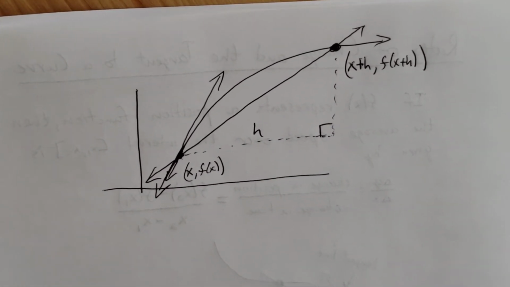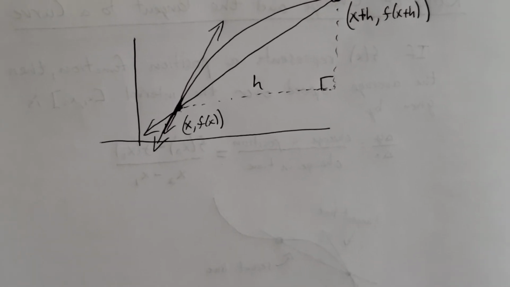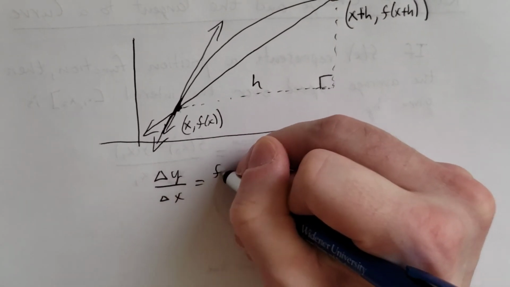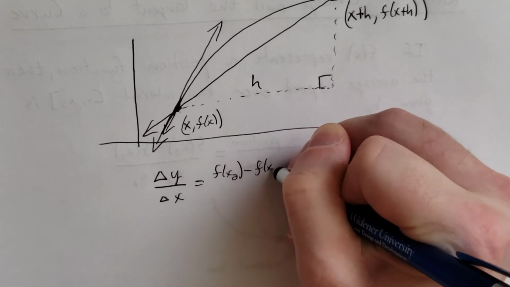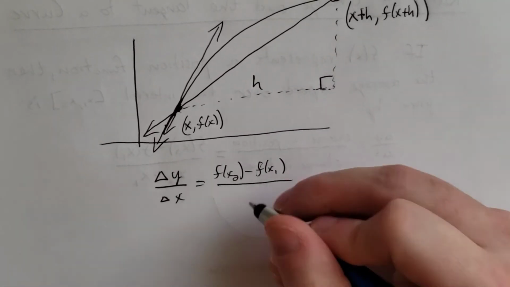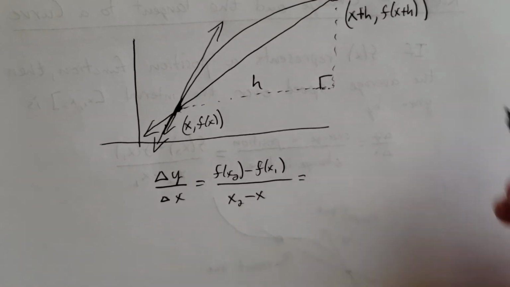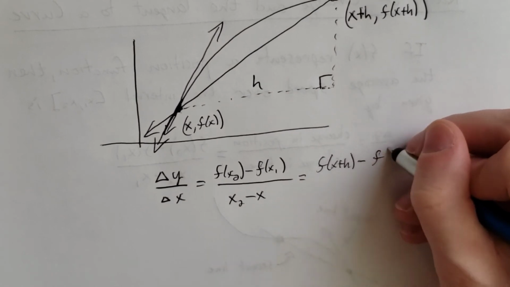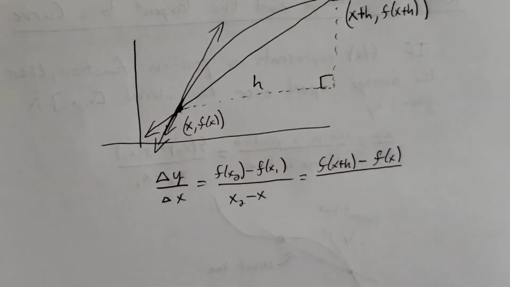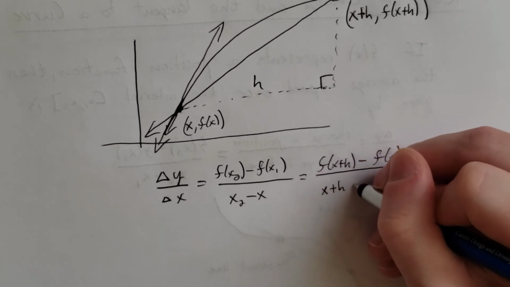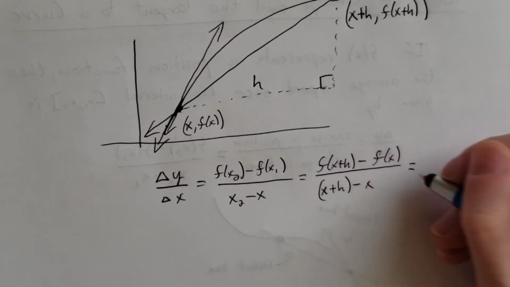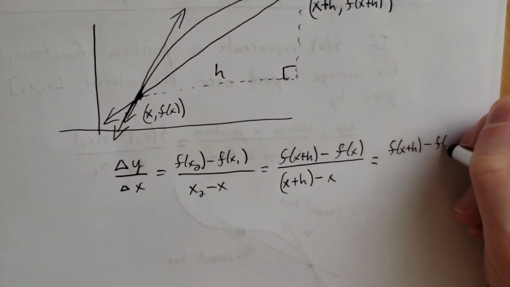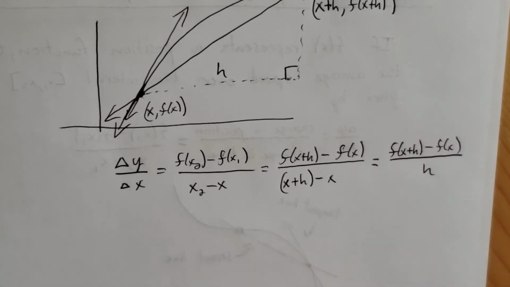So if we write out our formula from before, change in y over change in x, which was f of x2 minus f of x1 all over x2 minus x1, let's replace x2 with x plus h here. So this is f of x plus h minus f of x all over x plus h minus x, which is f of x plus h minus f of x all over h.